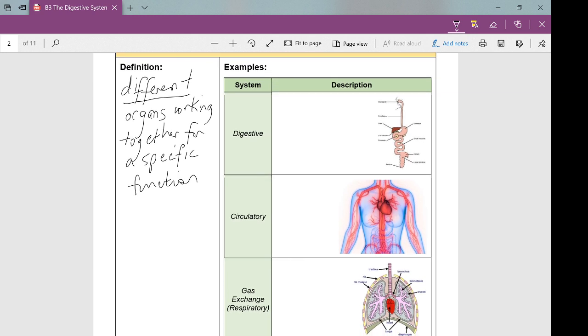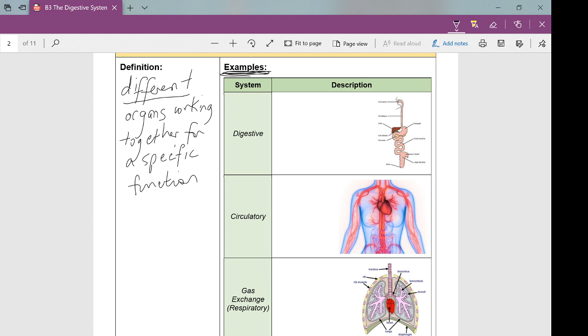So once again, these are just some examples. You should know more than these three. You should be aware of more than these three, but these are just the main three examples that you're going to go into detail on in your GCSE course.